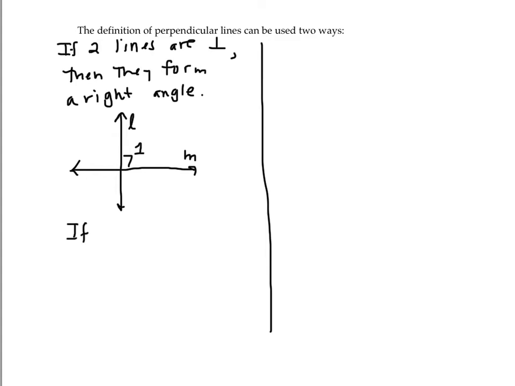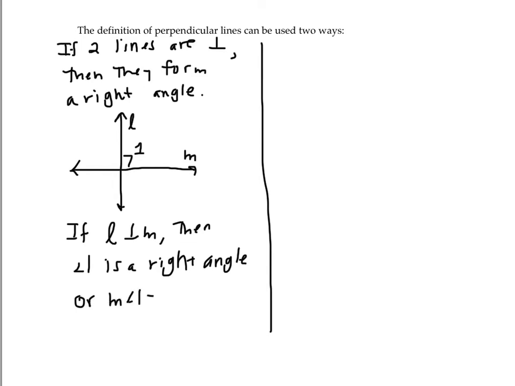So in other words, if we're given L perpendicular to M, so that's our hypothesis, then we can come to the conclusion that angle 1 is a right angle, or the measure of angle 1 equals 90 degrees. So we're starting off with the knowledge that the lines are perpendicular, and our takeaway from that is that angle 1 has a measure of 90 degrees, or angle 1 is a right angle.